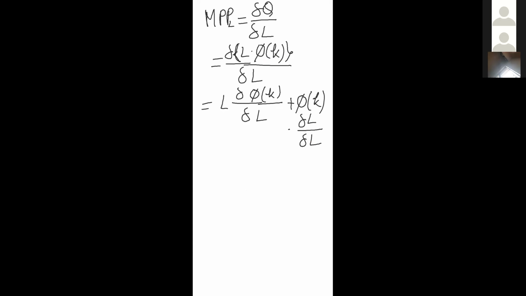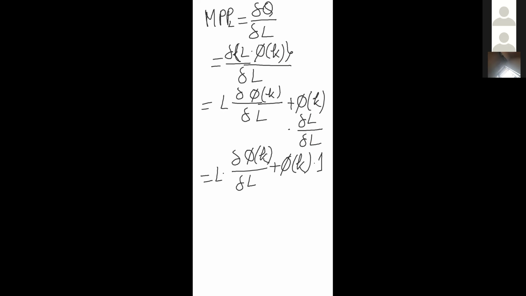Whatever this one, this is L into del phi of small k divided by del L plus phi of small k. Here del L by del L means differentiation of L with respect to L. It is 1.